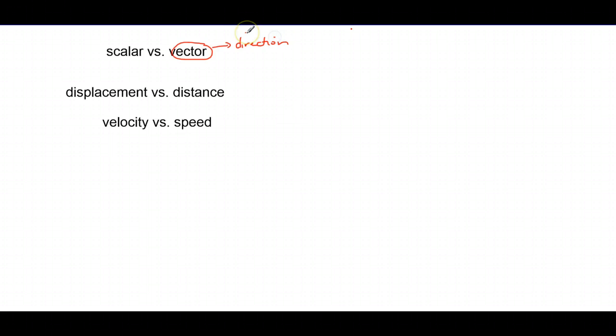So it just means that it has an east, west, up, down, north, south, left, right. Okay, direction. So this is a vector quantity, has to have direction. These two are vectors. Okay, when we look at displacement and we look at distance, they're calculated the exact same way.